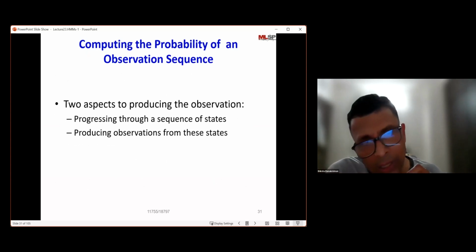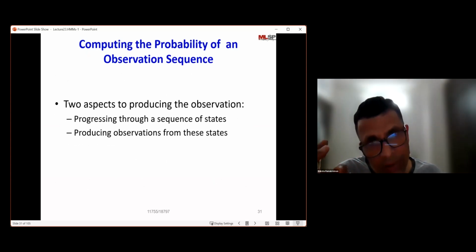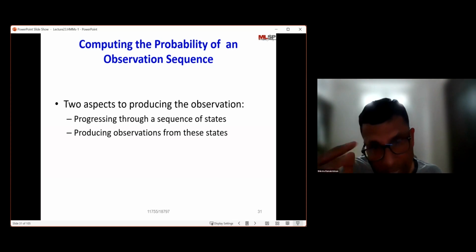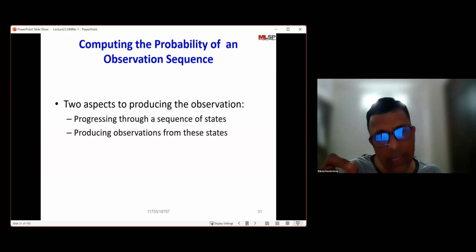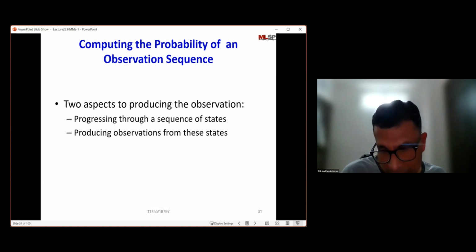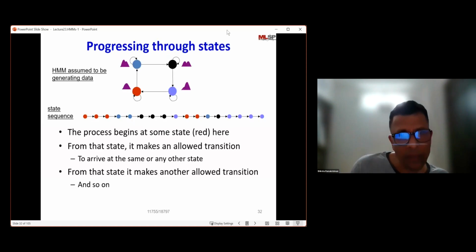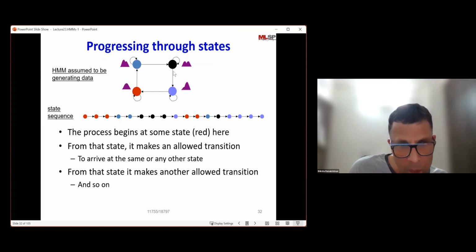Now, to evaluate this, you have to consider two things. There are two aspects in generating any observation sequence. First, the process must go through a sequence of states. Second, it must produce observations from these states. So, if this were my HMM, in order to generate any observation sequence, first it goes through a sequence of states.